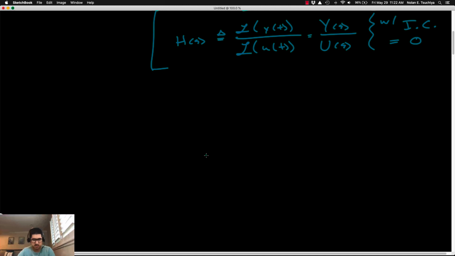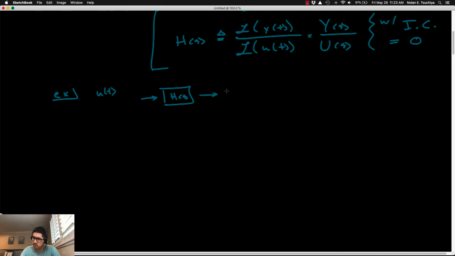Okay, so let's just say for the moment that we have a scenario where we've got some unknown transfer function, but we know the input and we know the output.